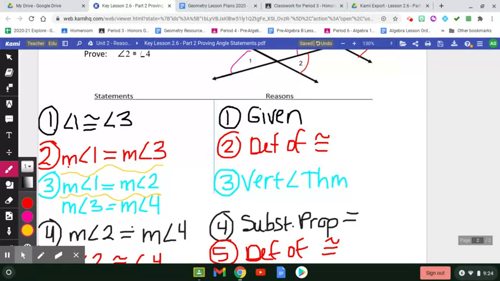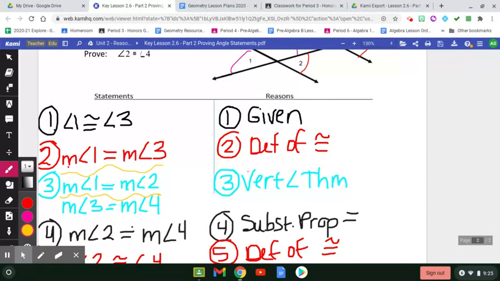So I could technically say here that angle 2 has to equal angle 1, and angle 1 has to equal angle 3. And I can also make some statements that angle 2 would have to equal angle 4, right?